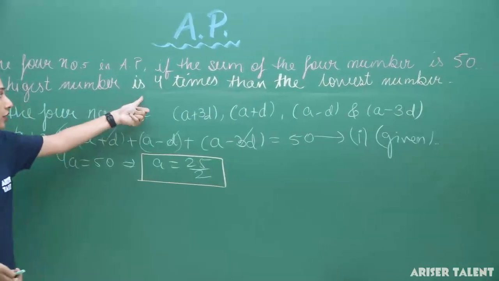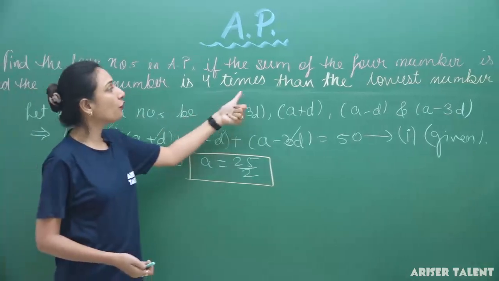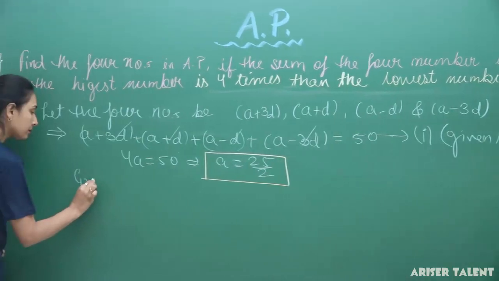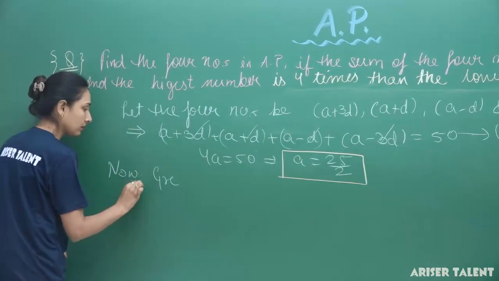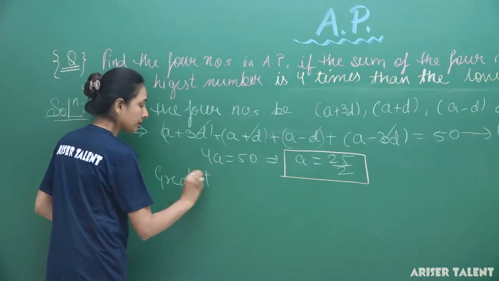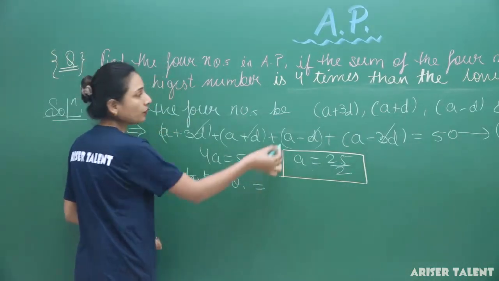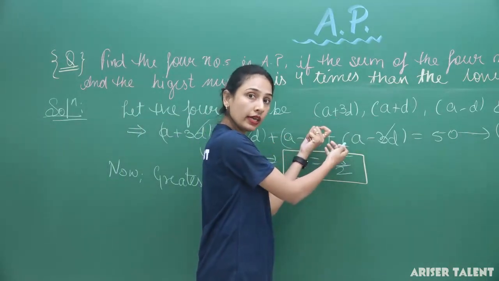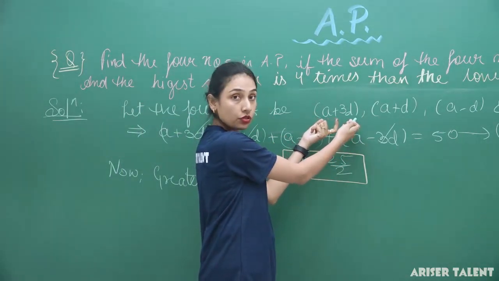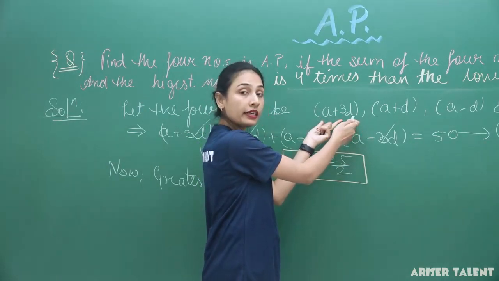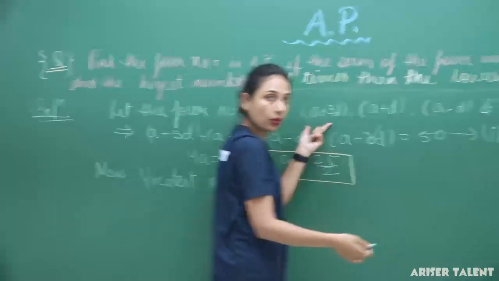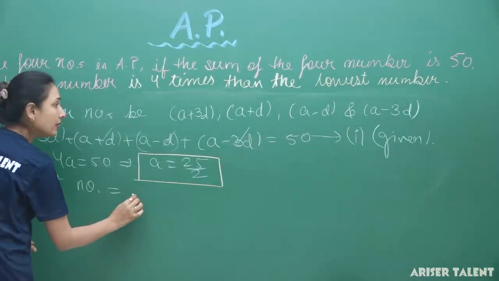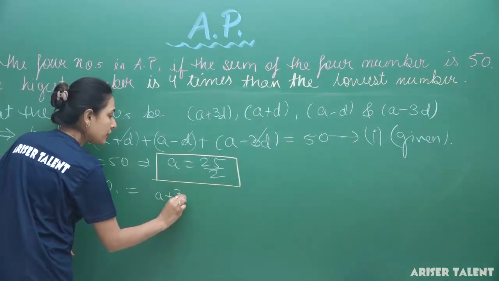Now the second information, that the highest number is 4 times the lowest. Now the highest or greatest number equals what? A plus 3d, because something is added to a, and 3 times the difference. So that will be the greatest number, and a minus 3d will be the least number.